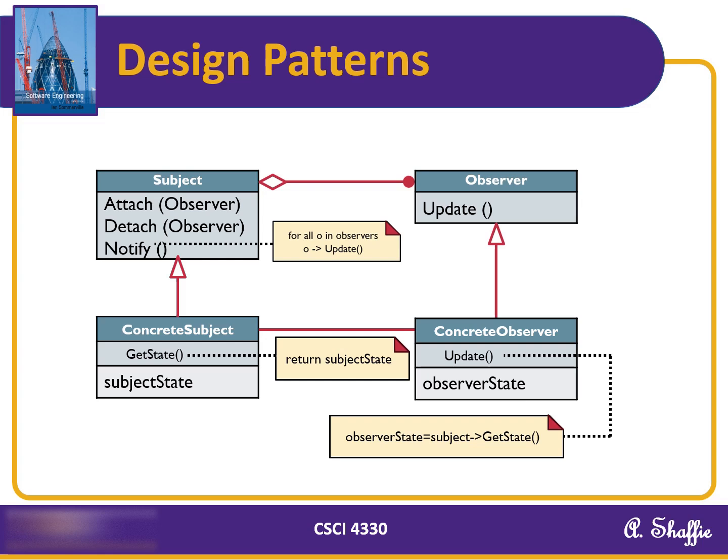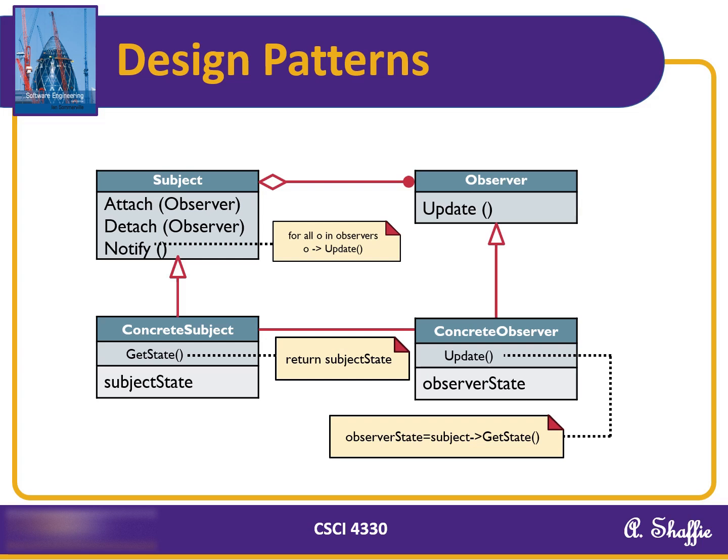Moving to the concrete subject, this is the specific implementation of the subject. It maintains the actual subject state and provides a method called getState, which observers can use to access the current state. On the right side, we see the observer interface.